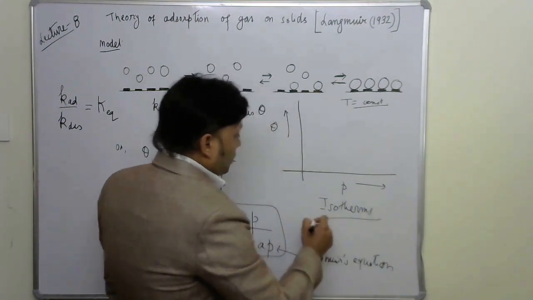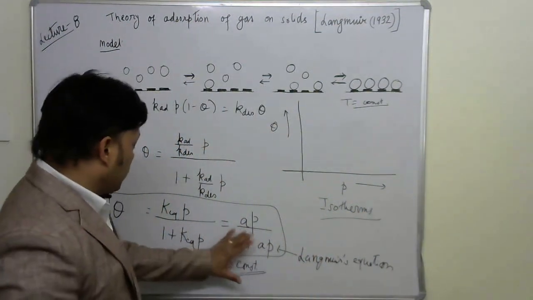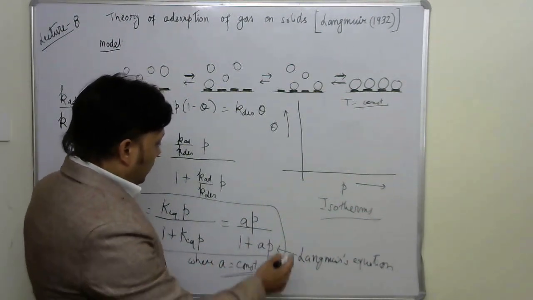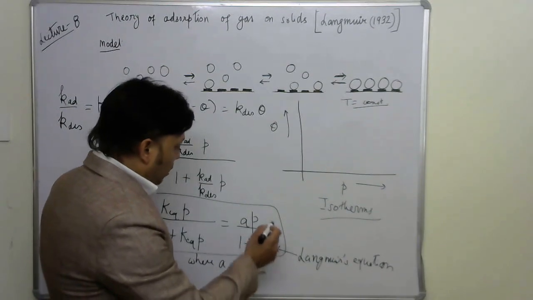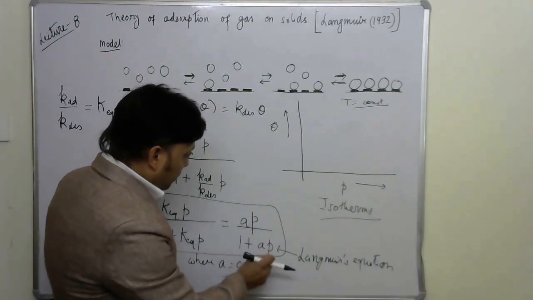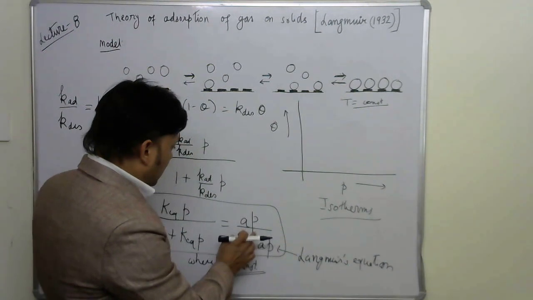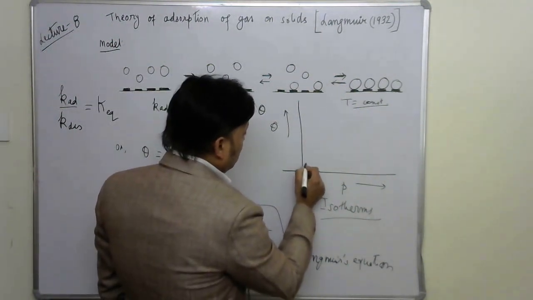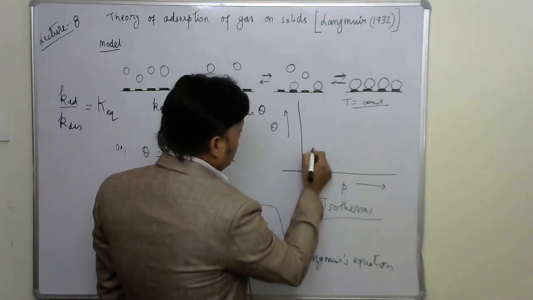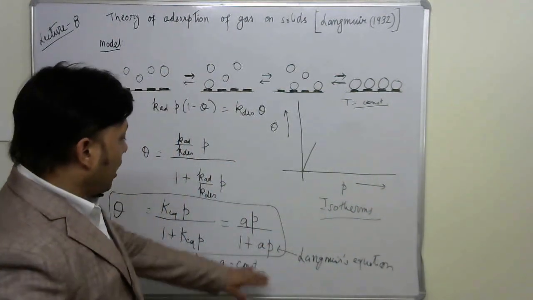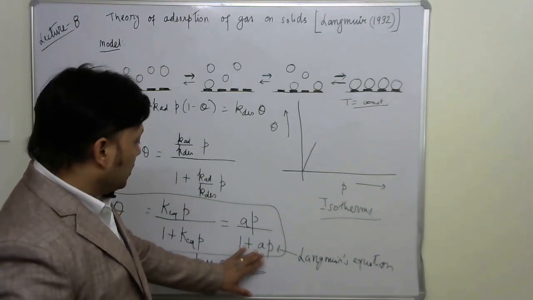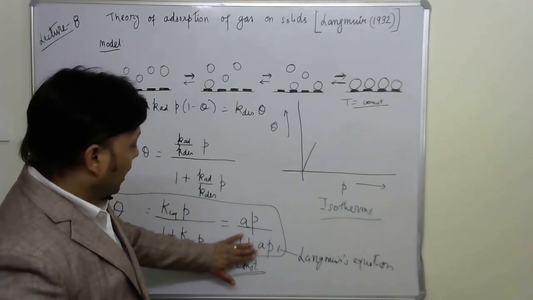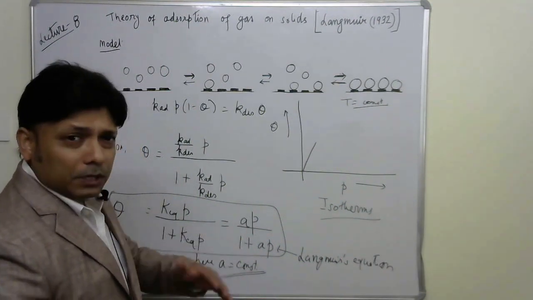Okay. So according to this equation, theta versus P, if you look at the equation here, at the lower value of P, when P is negligibly small, theta is proportional to pressure P. Therefore, at lower values, theta would increase like this. And at very high pressure, the 1 can be neglected with respect to AP, and then it cancels out, and theta becomes independent of pressure.